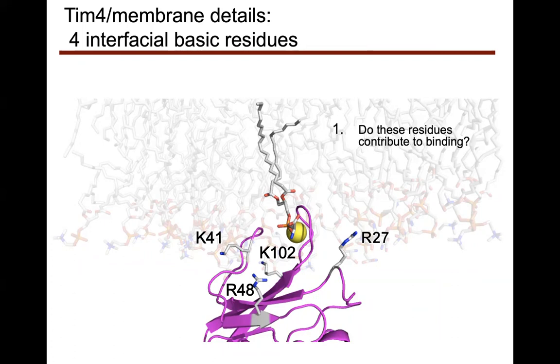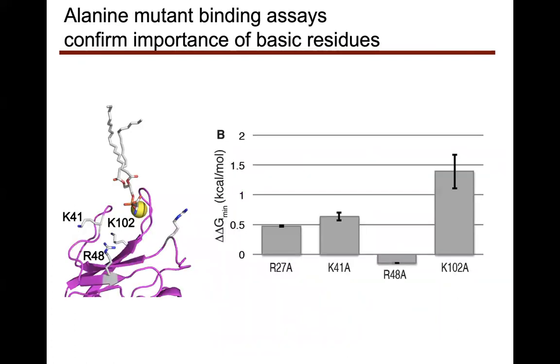So in order to find out whether they really contribute to this binding and whether there is additional PS specificity, we moved on to do an alanine mutant binding assay, whereby, by single site, we remove each of these positively charged amino acids and look at the effect on the ability of the protein to bind to the surface.